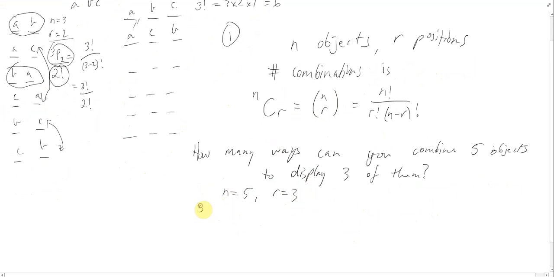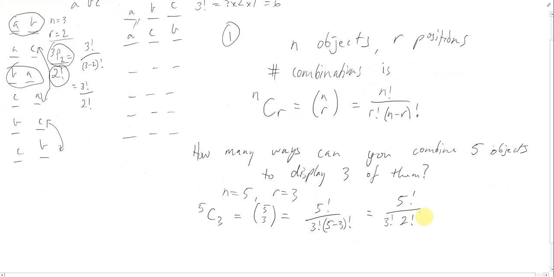So that's just 5C3, or another way of writing it is 5 over 3 using these circular brackets. So that's 5 factorial over 3 factorial times 5 minus 3, which is 2 factorial. There we go.